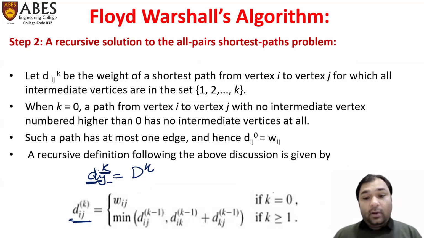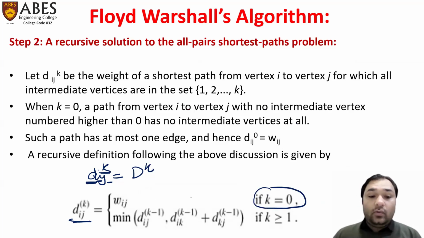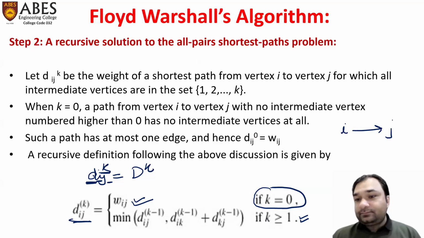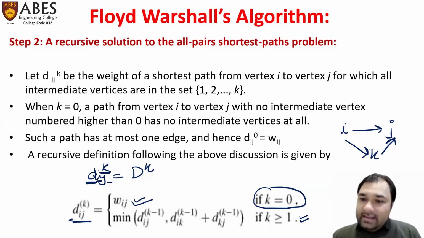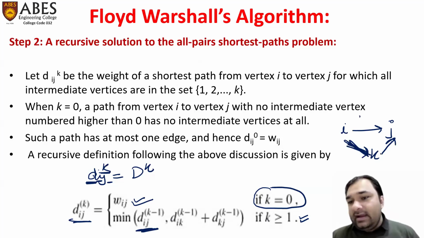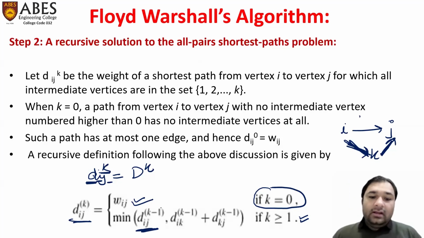The problem is divided into two subproblems. If k equals 0, that is no intermediate vertex, we simply write the weights of the graph. If k is greater than or equal to 1, then this means I to J via K. So we take the previous value, that is d_ij^(k-1), and the previous values of d_ik and d_kj, whose sum we compute, and we take the minimum value.